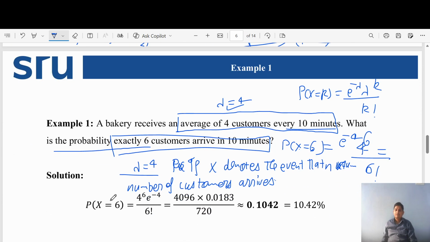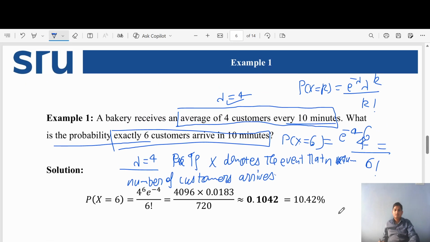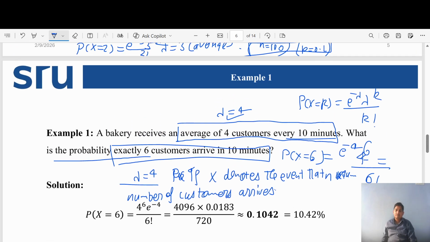e to the power minus 4, 4 to the power 6 upon 6 factorial. So you can elaborate this: 6 cross 5 cross 4 cross 3 cross 2 cross 1. So you just solve by calculator.